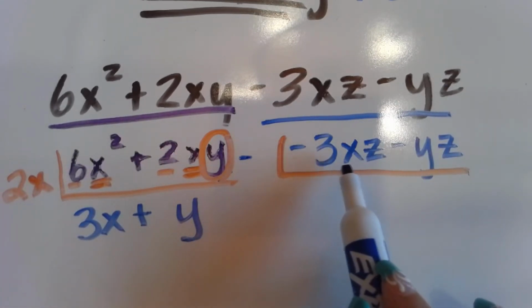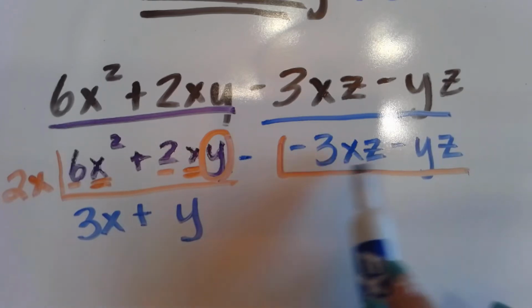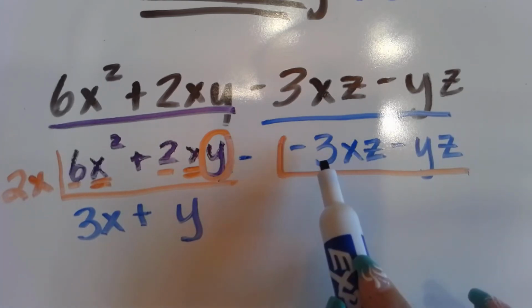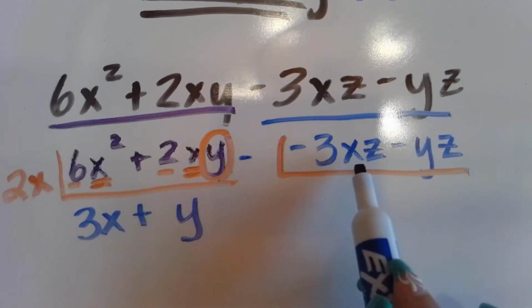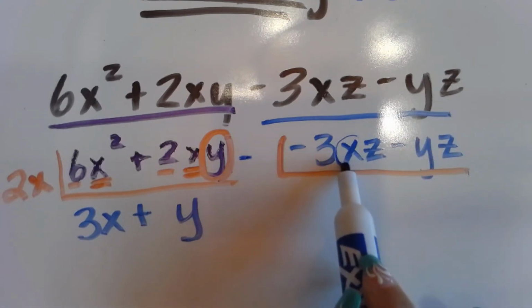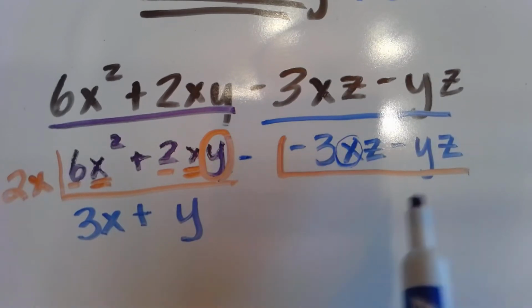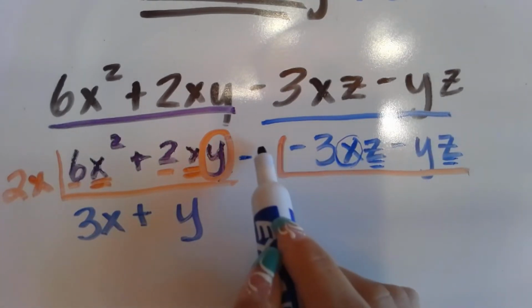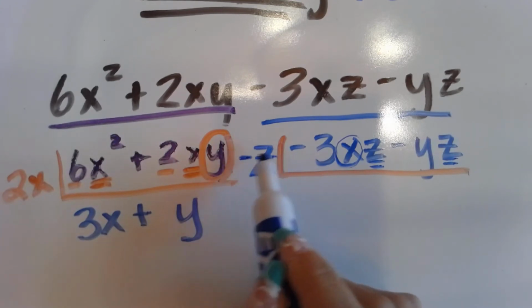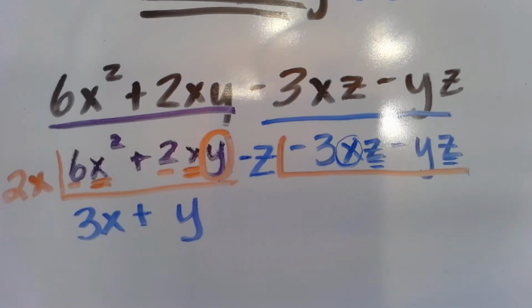Looking at our coefficients, there's nothing that can go into this 3 and this imaginary 1. This one has an x. This one does not have an x. But look, they both have z's. So we're going to pull out that z. So we have a negative z, okay?